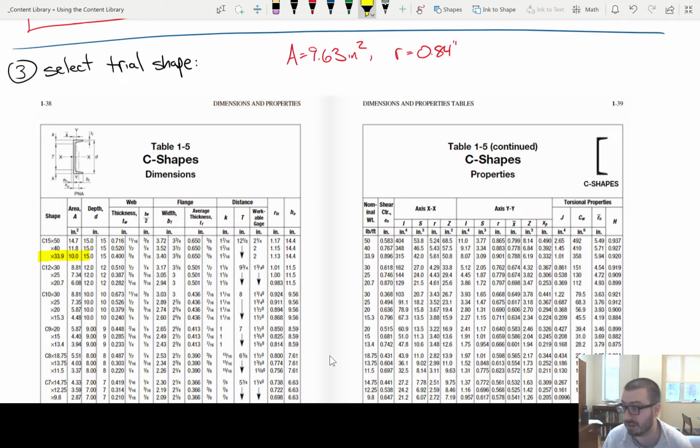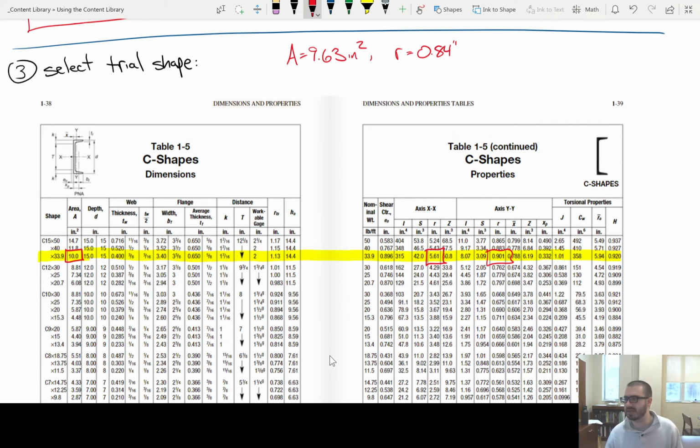But let's also check the radii. Let's check the radii of gyration. So let's extend that over. And I'm going to use my pen here to highlight the key values. So here's that. And let's look at our two radii of gyration. So here's that, here's that.